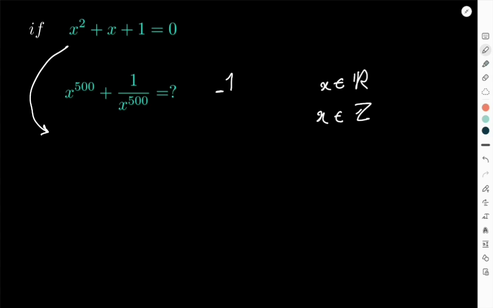And if you calculate the roots of this equation, you get x equals minus 1 plus minus i square root of 3, over 2, which is basically a complex number. And it's clearly a complex number, and for that reason, yes, in the realm of complex numbers, it is possible to have such an expression, and then you get minus 1, even though it seemingly has to be positive.